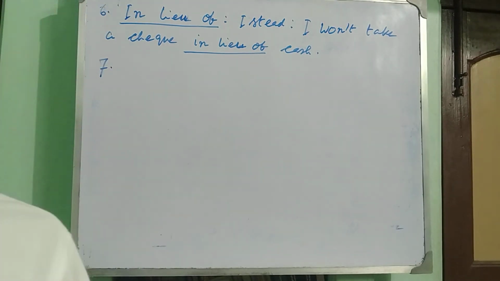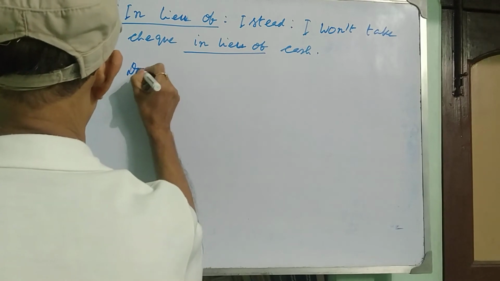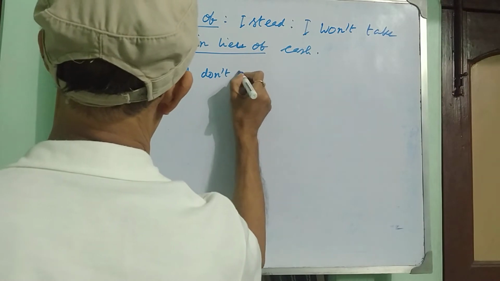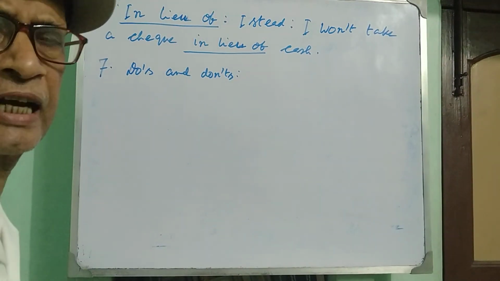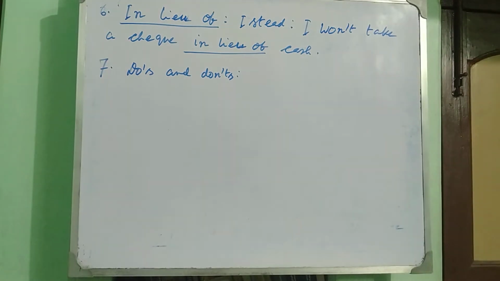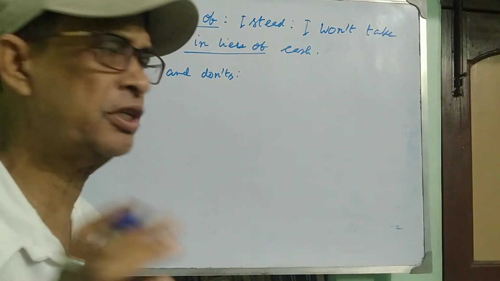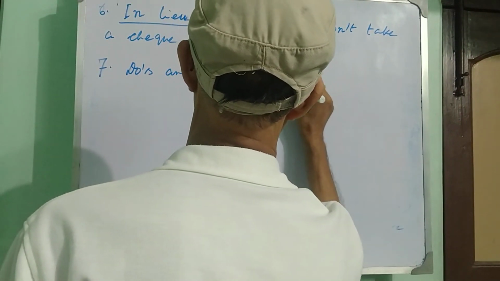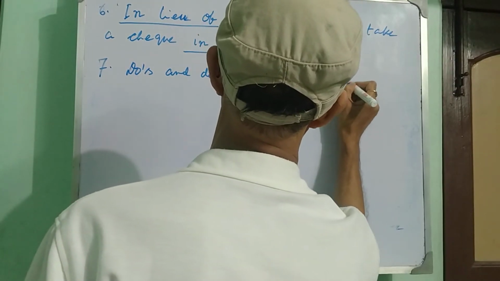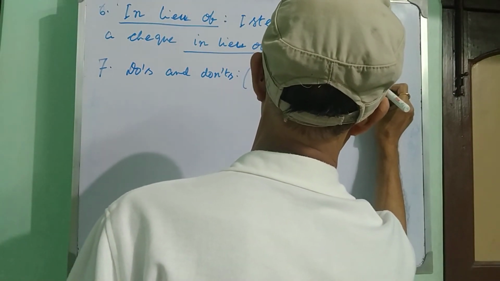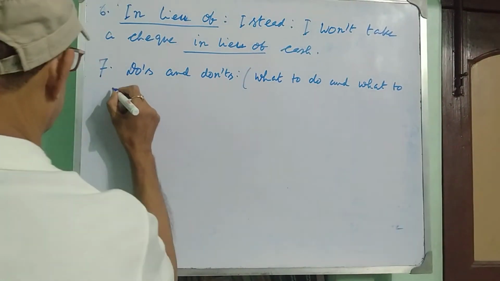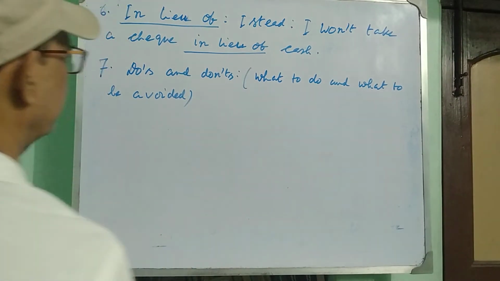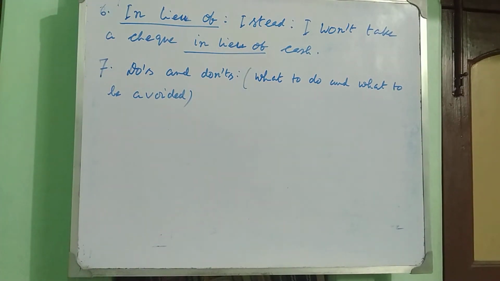Number 7. Do's and don'ts. Very easy idiomatic expression. Then, what is the meaning of do's and don'ts? That means what to do and what to be avoided. Okay?